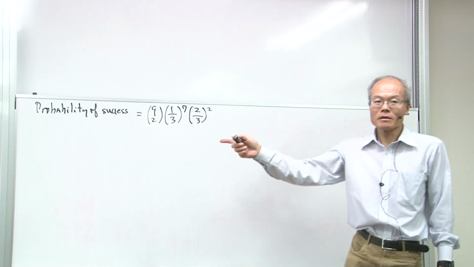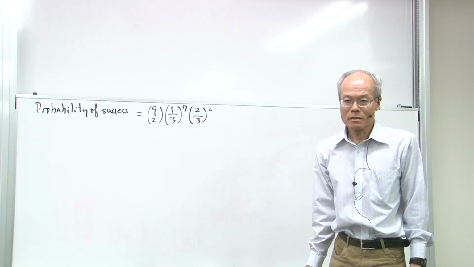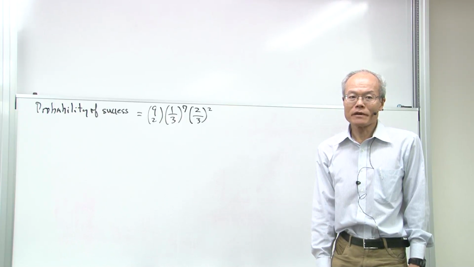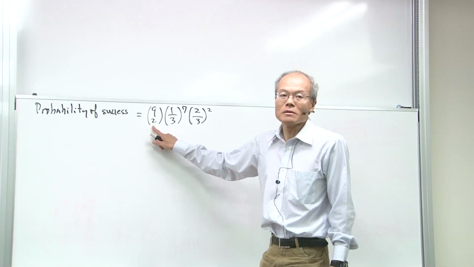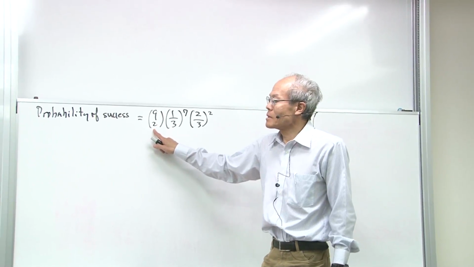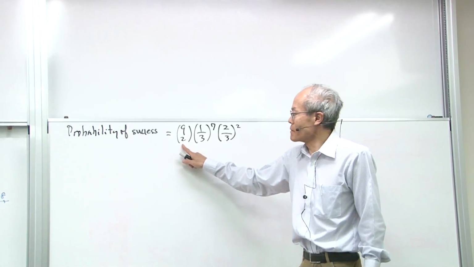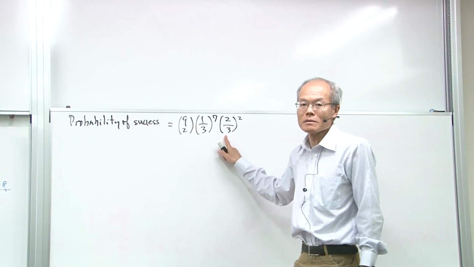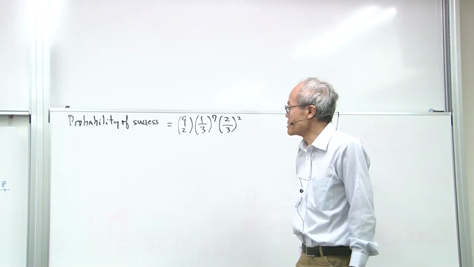Your path is of length 9, and out of 9 decisions, 2 decisions are bad. A bad decision can happen with 2/3, and 7 decisions are good.